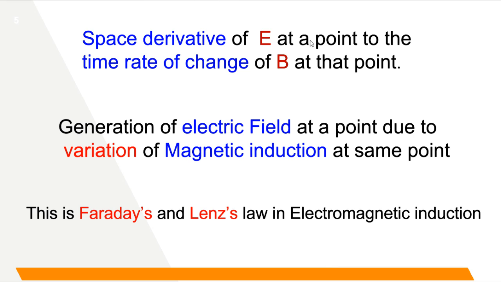The space derivative of E, the electric field at a point, relates to the time rate of change of B at that point. So from that, what we understand is the generation of the electric field at a point due to the variation of the magnetic induction at the same point. This is nothing but the mathematical interpretation of Faraday's law or Lenz's law.